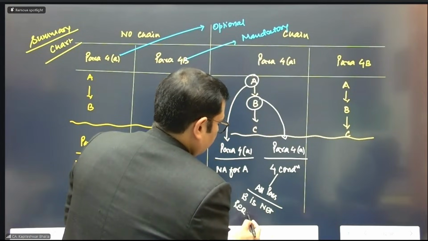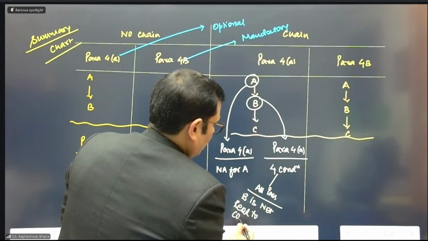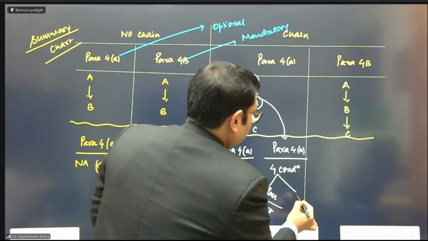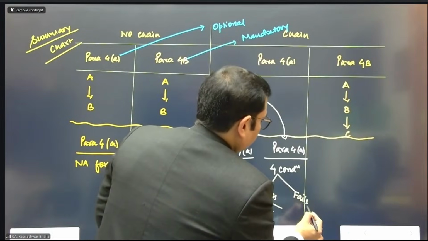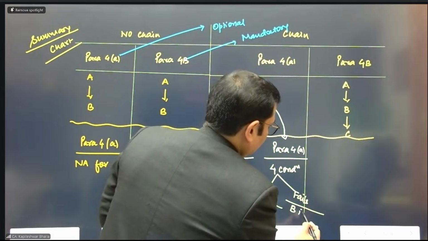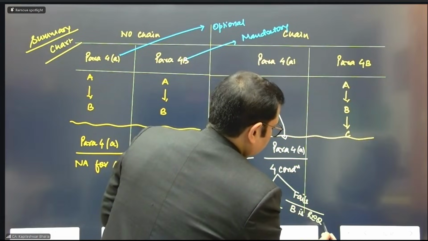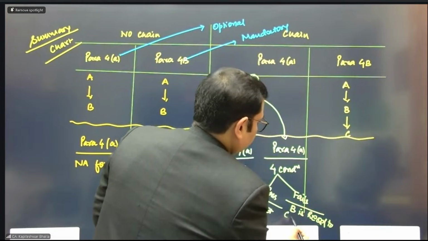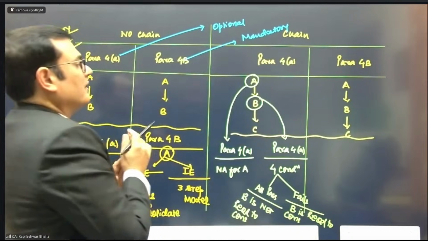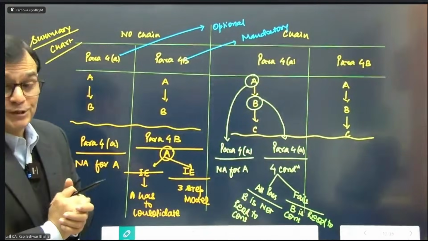Correct? Yes. Wonderful indeed. And if any condition fails, then B is required to consolidate, right? Yes. Wonderful indeed. So this is on para number 4A, where there is a chain.